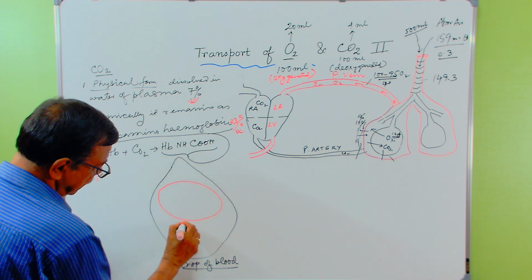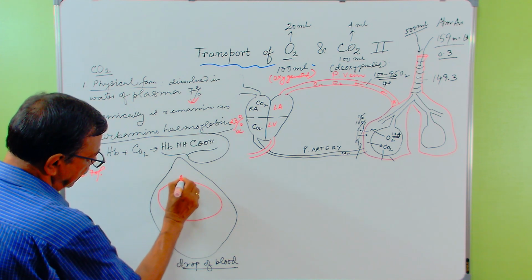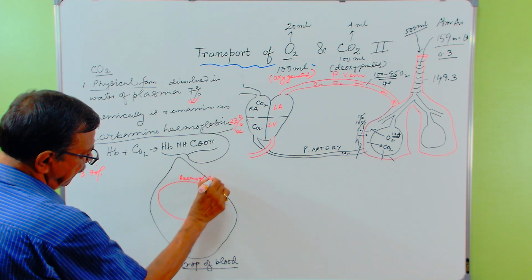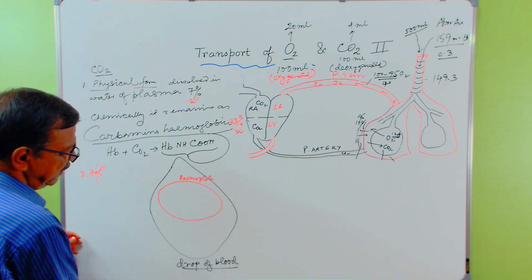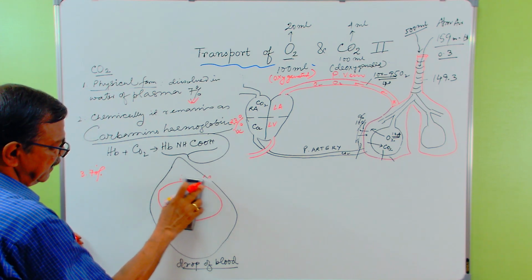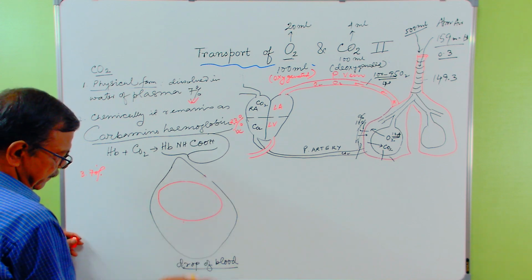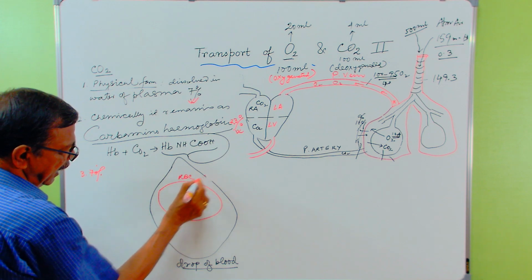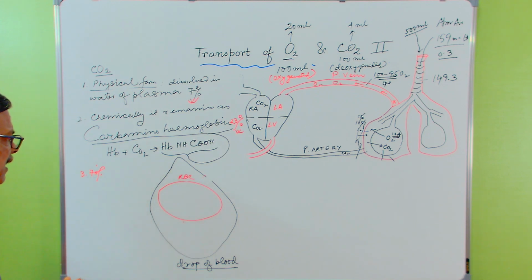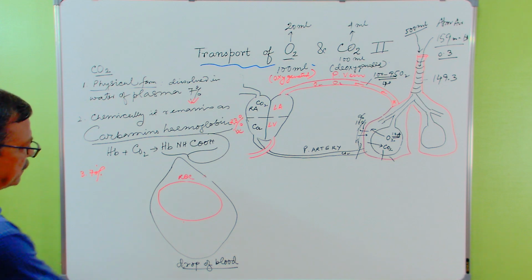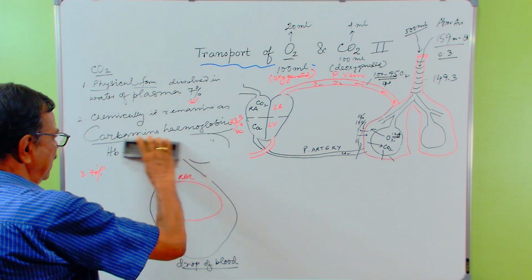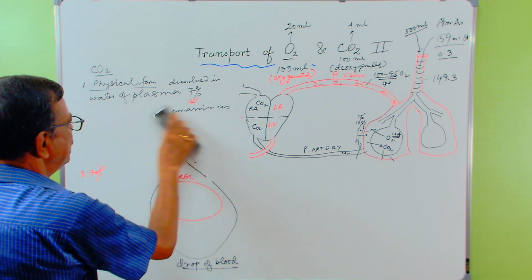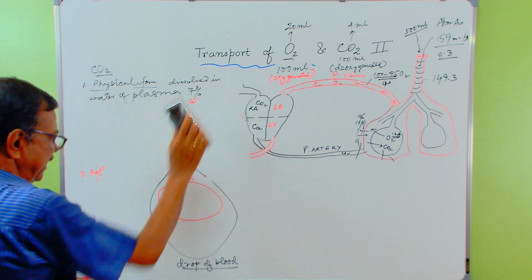This is hemoglobin, this is RBC. How does this carbon dioxide get mixed in the blood? This part I am erasing, otherwise you may get confused. 23% done. 7% let it be there.